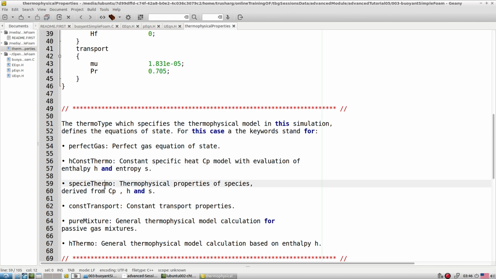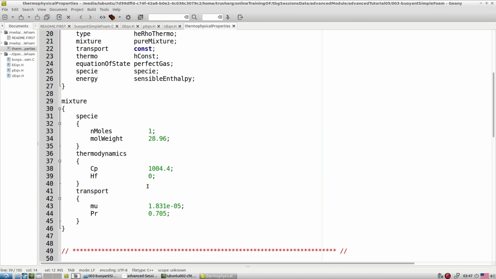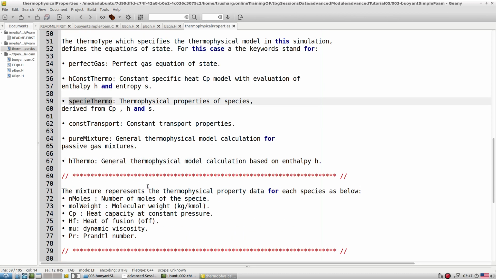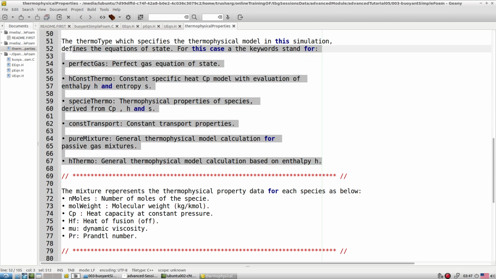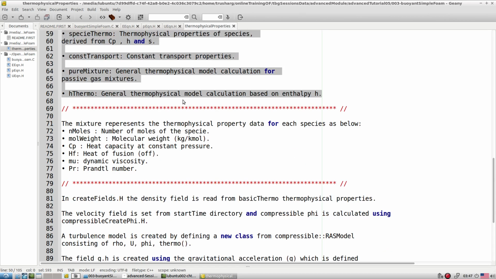Then we have specie thermo, which means thermodynamic properties of the species derived from Cp, H and S. Then constant transport properties, and the pure mixture is a general thermophysical model calculation for a passive gas mixture. Then hThermo is a general thermal model calculation based on the enthalpy. So a couple of options are available at the thermo level.